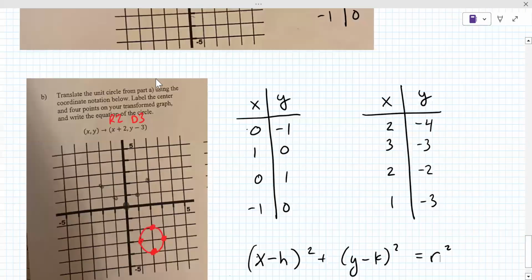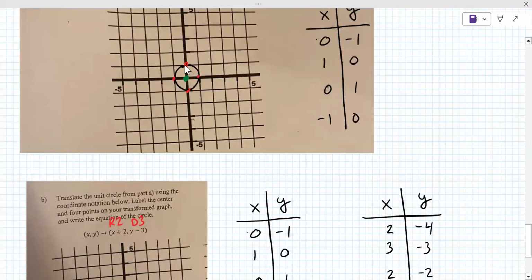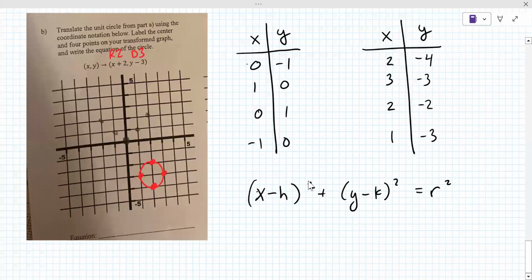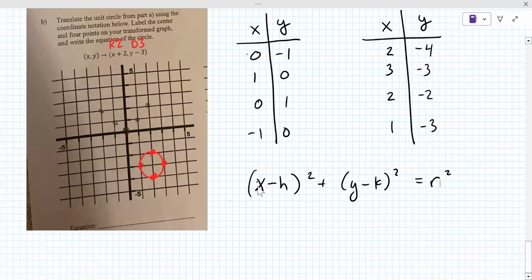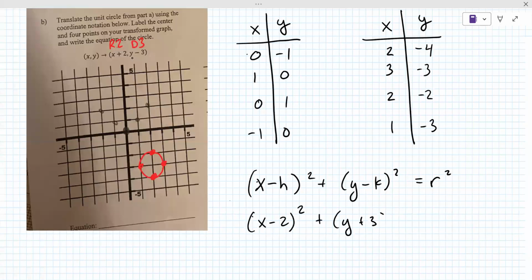The radius is the distance from the center out to the points. The thing here with h and k, that's your new center. They're the opposite of what you have in here. This is really confusing. It ends up being (x minus 2) squared plus (y plus 3) squared equals 1 squared.